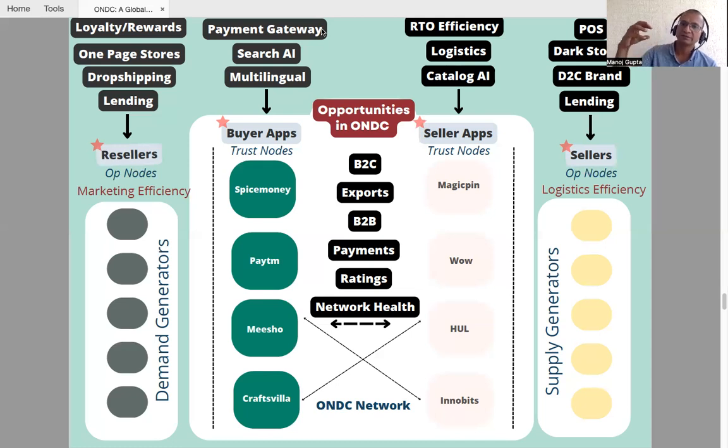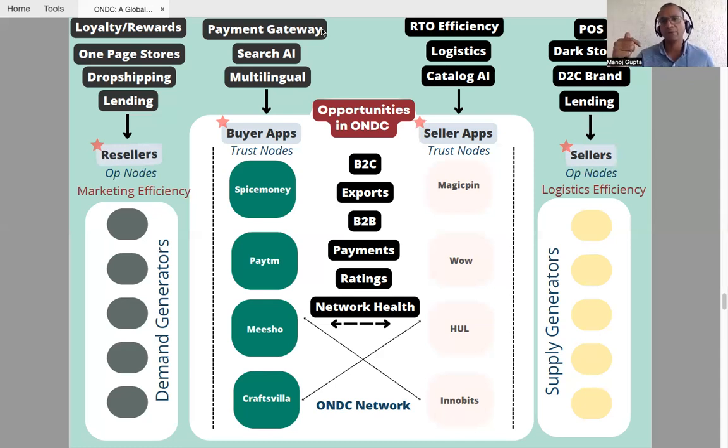They help sellers get courier capabilities. A lot of these sellers don't have logistics capabilities, right? So they become the folks who ensure that the sellers get couriers, or through the logistics network, they help.